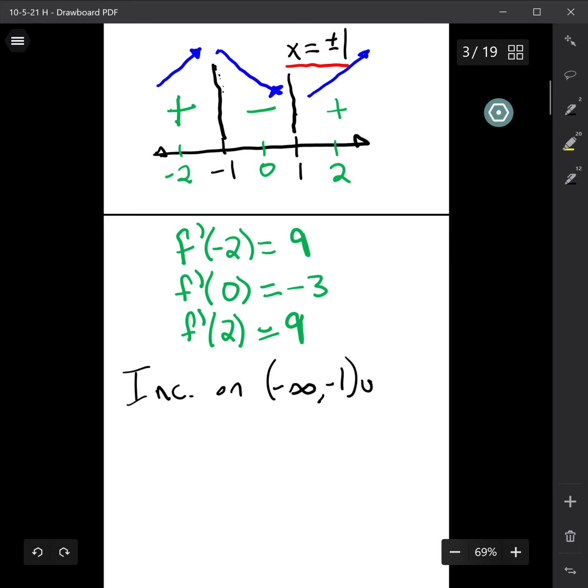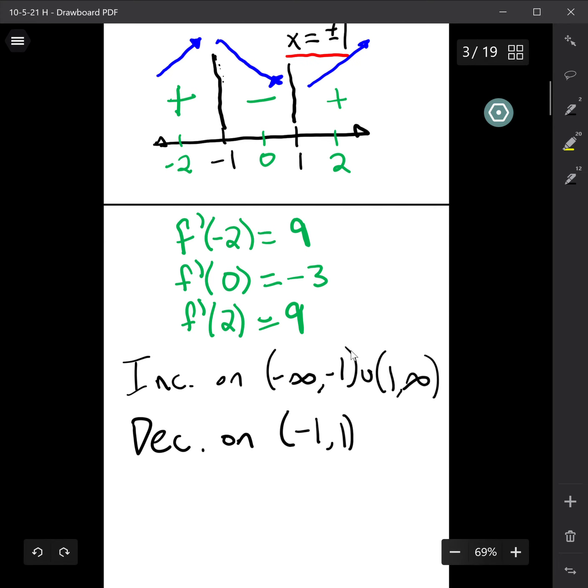We're also increasing from this solid line right here all the way up to positive infinity. So that's represented by the interval positive 1 up to infinity. And I'm using open parentheses because at 1, my derivative was equal to 0. Last but not least, we're decreasing in between from negative 1 to positive 1.